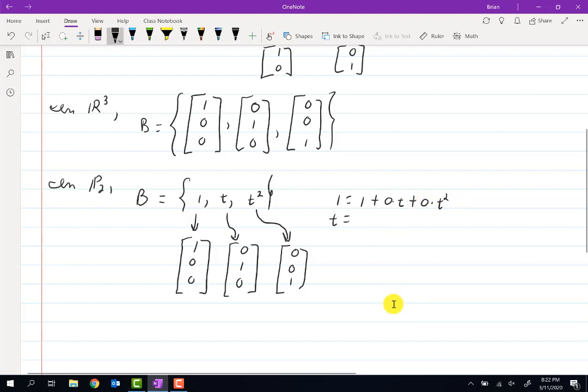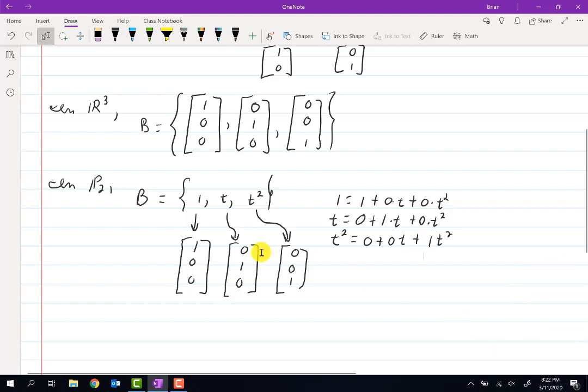T is the same as 0 plus 1 times t plus 0 times t squared. Once again, the first coordinate is 0, the second coordinate is 1, and the third coordinate is 0. And the same with t squared. That is going to be 0 plus 0t plus, well, actually 1 times t squared. So this is what we're talking about here.